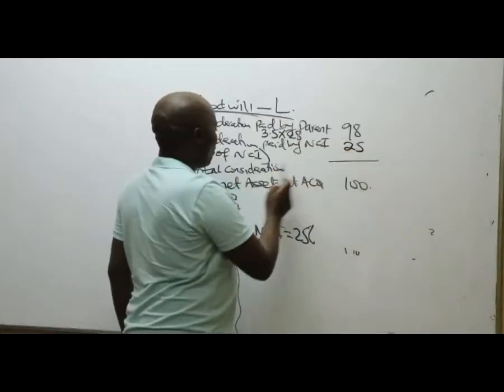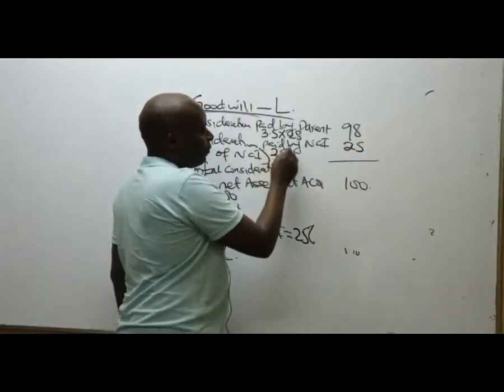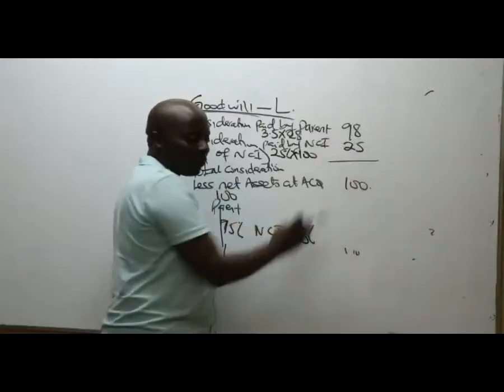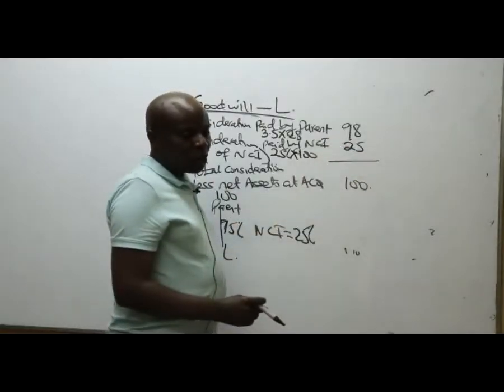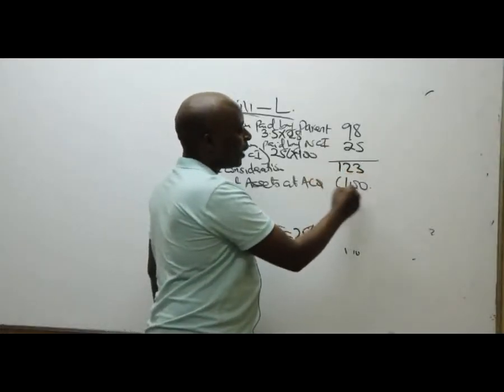And then therefore, the total consideration will be 98 plus 25. So 25 plus 98 gives me 123.